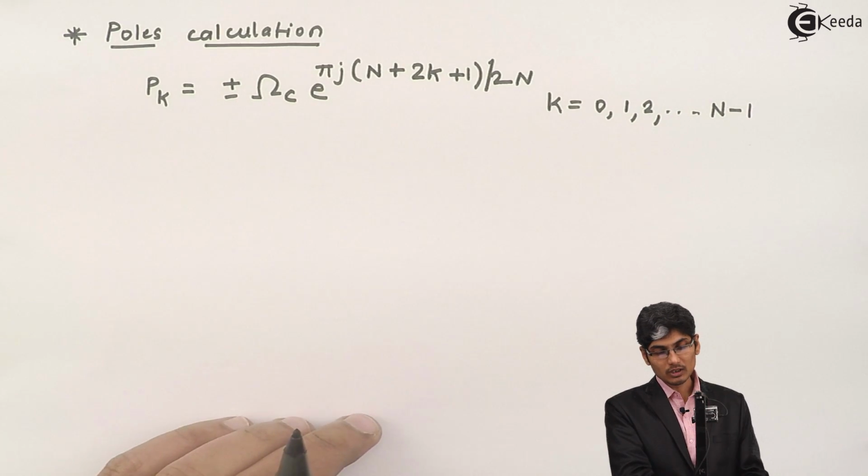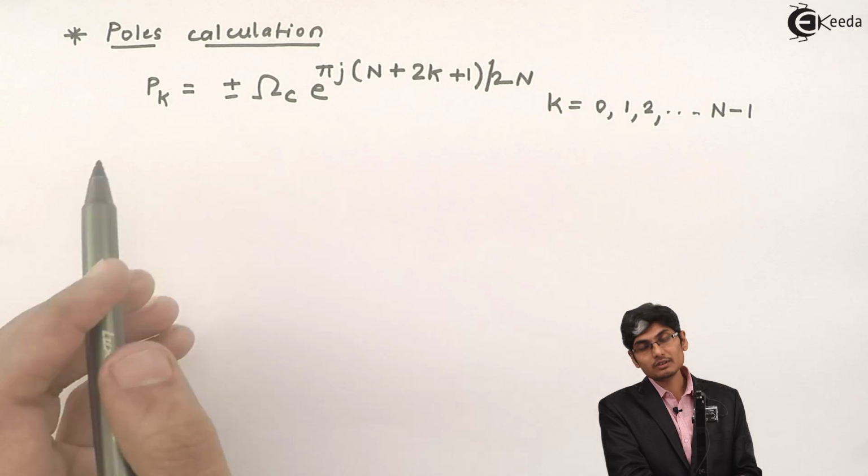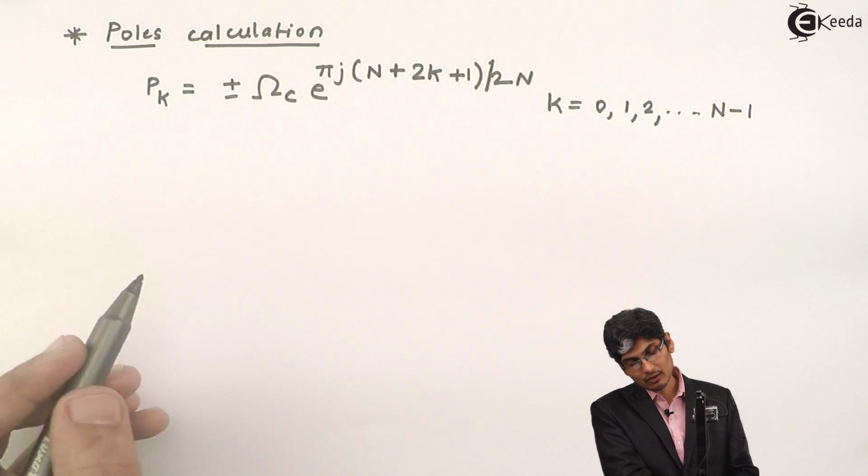Now with these pole positions, let us put the value of k.